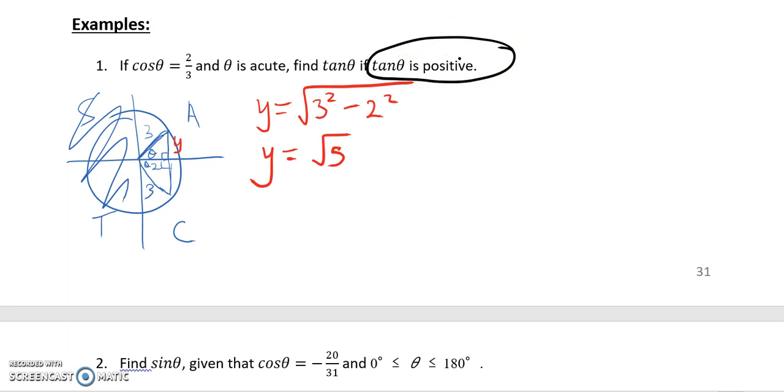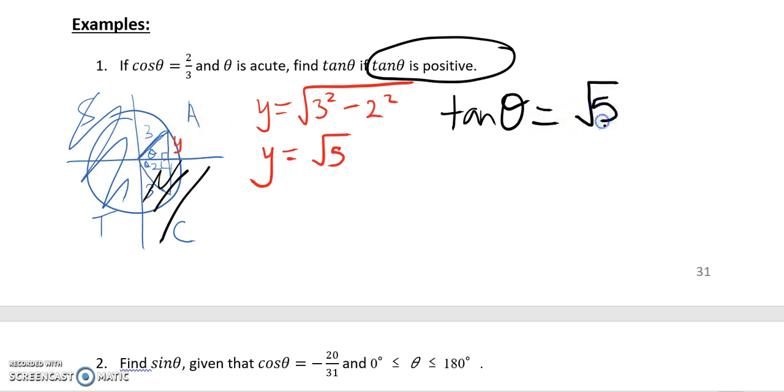Now tan is only positive in this top section here, so we don't need to worry about this bottom section. To get tan theta, I know I need to do opposite over adjacent, which is the y value I just figured out, over the adjacent side. That's pretty much all they want you to do in these questions, just write out the value of the ratio.